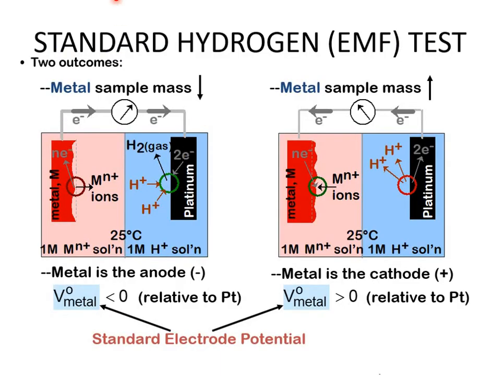Here we have a standard hydrogen EMF test in which we can measure the electrode potentials of the metals in comparison with a standard platinum electrode, which is inert basically, and is covered in hydrogen gas.